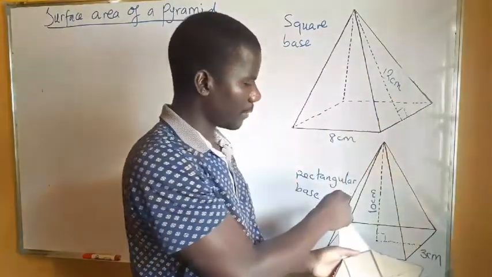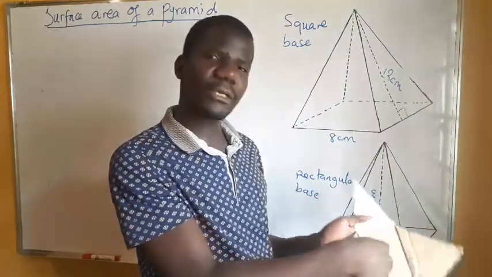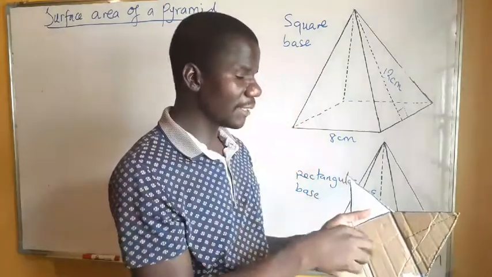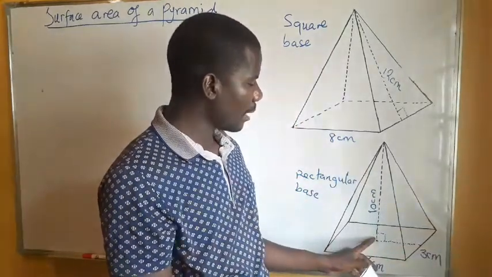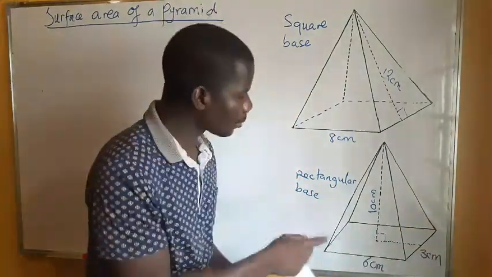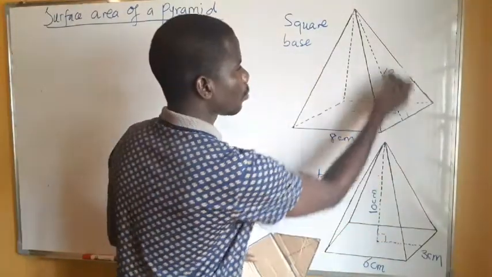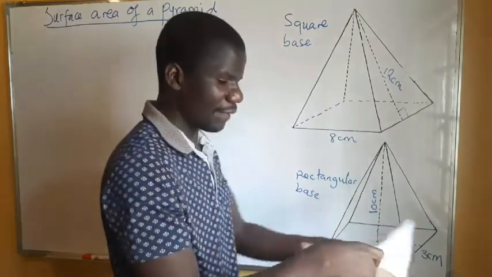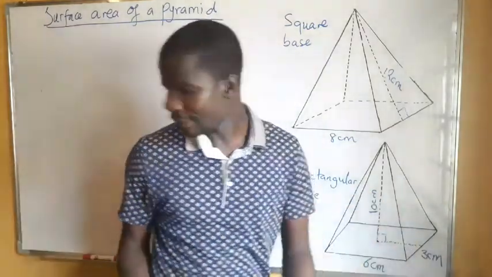But in this case, what we are given is the perpendicular height of the pyramid. So we need now to find the height that we want ourselves. It's this one. This is what we need. Now it's not given here. Instead, we are given this height that stands right at the center here.